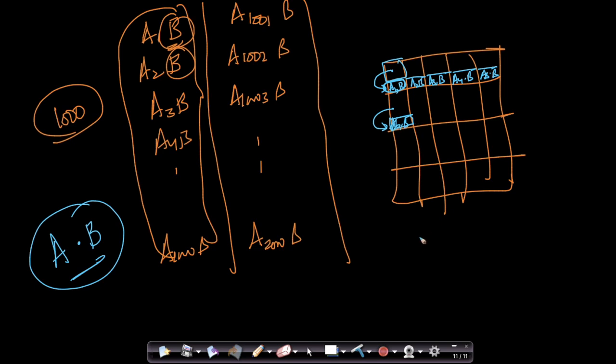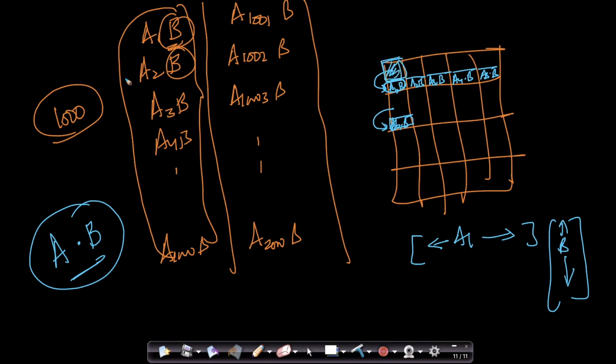Remember, even your A1.B is basically an operation like this. This is your A1, right? And this is your B. Even this operation requires some multiplications and additions, isn't it? That will be performed by this core. And because I have thousands and thousands of cores, GPUs tend to be much, much faster if you have parallelizable tasks.